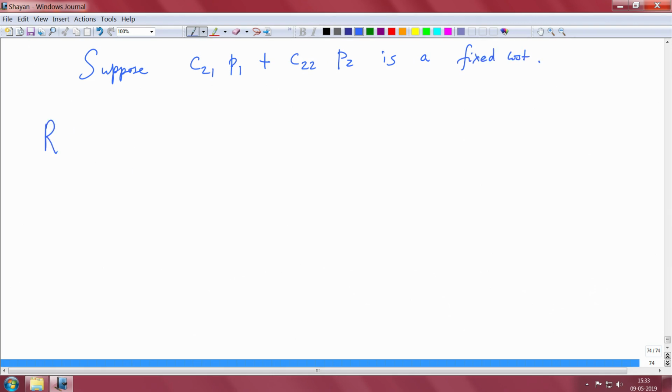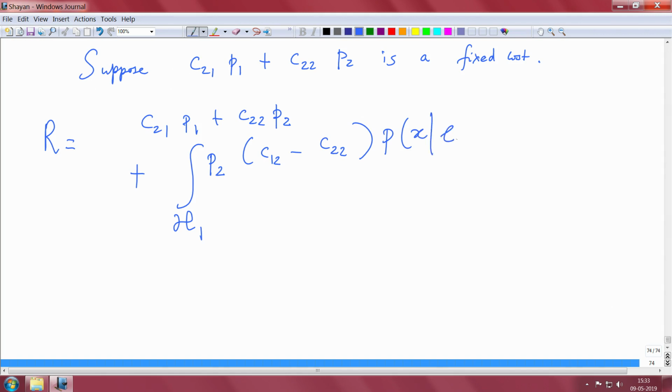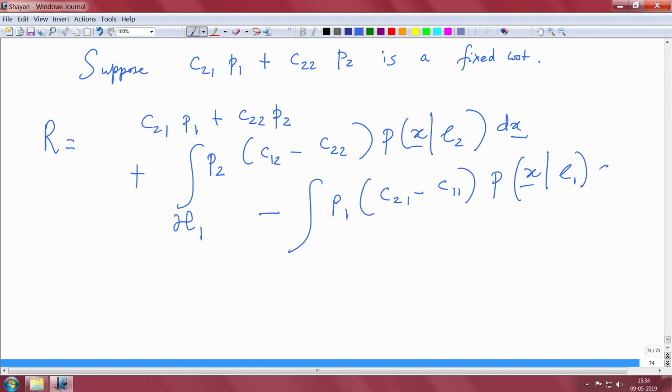We simplify R as C21 P1 plus C22 P2, plus we will simplify these integrals in this form: P2 times C12 minus C22 times P of x given C2, integrated over this region H1, minus integral P1 times C21 minus C11, the conditional density P of x given C1 dx over the region H1.